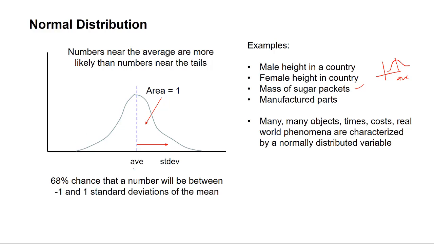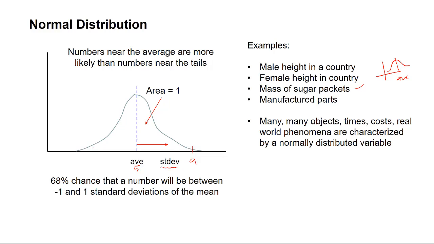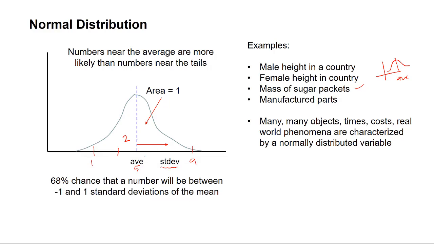So if this average is equal to 5, it'd be unlikely but possible to get something way away from the average, and it'd be rare to get something like a 1 down here. The standard deviation really means that 68% of the distribution is within plus or minus 1 standard deviation of the mean.